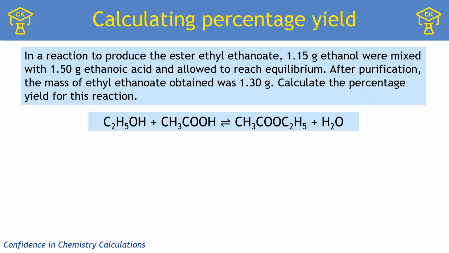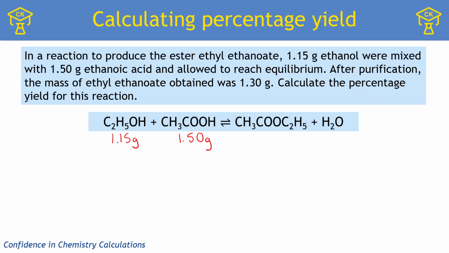In this reaction, we're trying to produce the ester ethyl ethanoate, and we're told that we have 1.15 grams of ethanol and 1.50 grams of ethanoic acid. So it's very good practice to write the masses underneath the substances, and make sure that you recognize them.